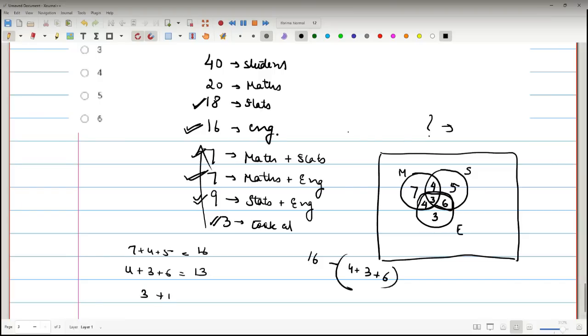And 3 plus 13 is 16, plus 16, so it's 32. Is the calculation right? Have we done something wrong? 7 plus 4 is 11.